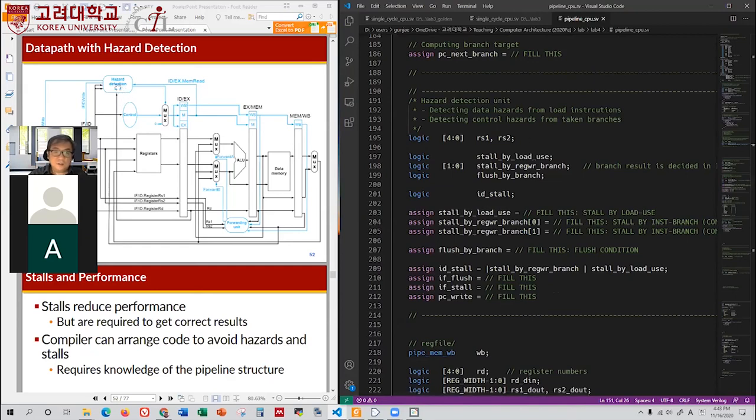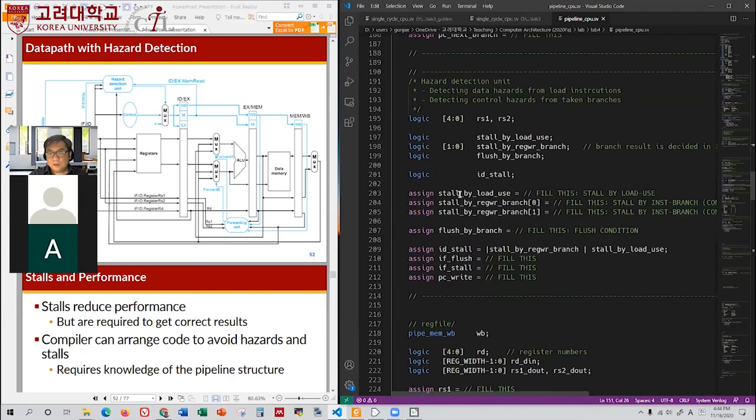So here you can find that the hazard detection unit receives some signals here, and then some signals from here, and then generates this signal and this signal like here. But actually, we learned about the stall by load use in the class, but we need to implement the stall by register write and branch.